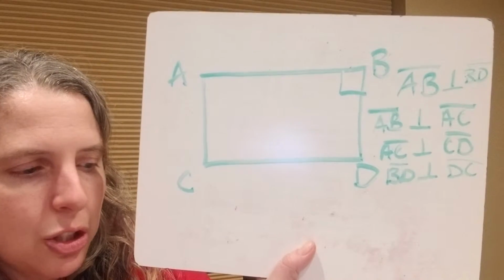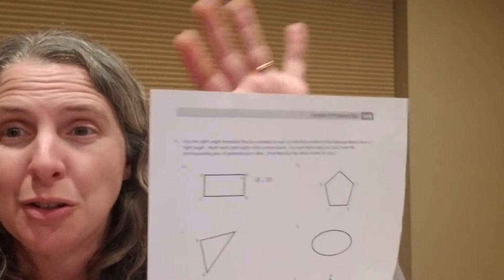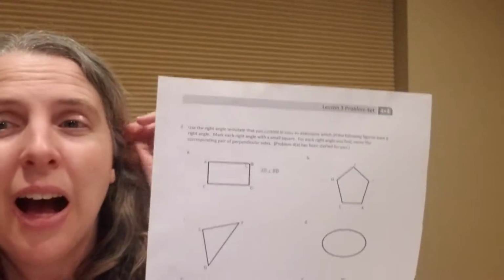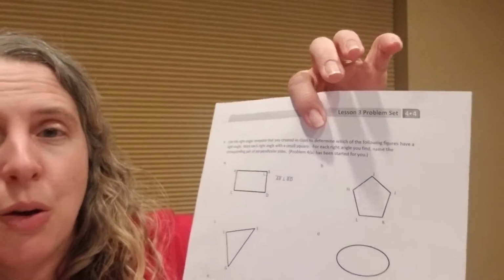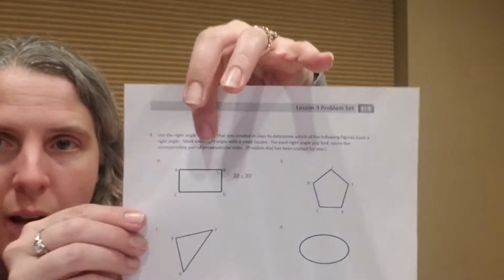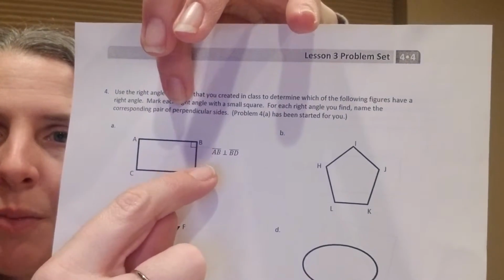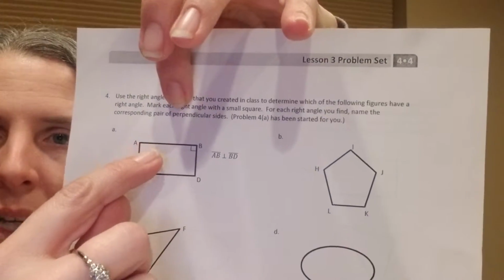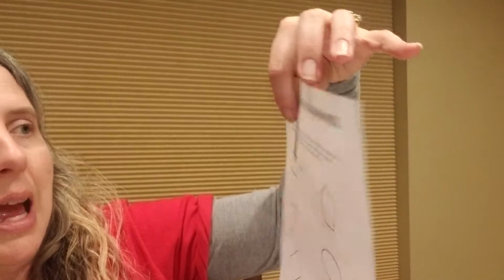So what you're going to do is look on your page there, and depending on what the person in the room with you says, either with a partner or by yourself, you're going to mark each right angle with a small square. So on here, even as we wrote them, put that little tiny square in each corner to show those are right angles.